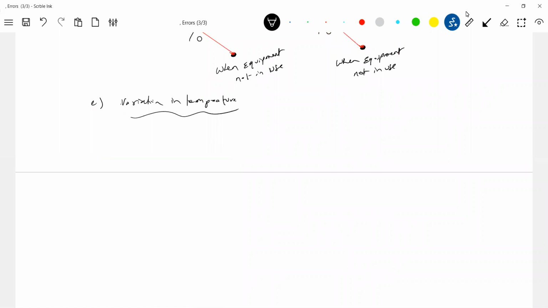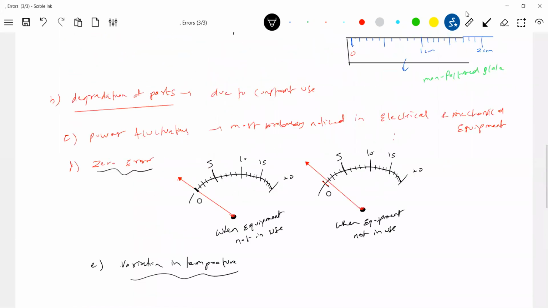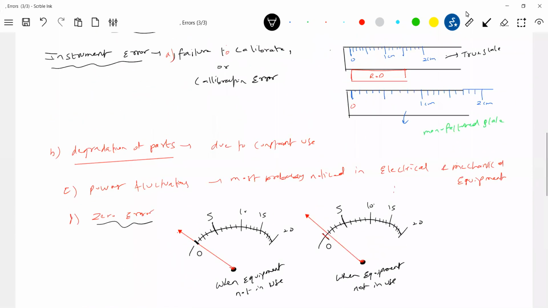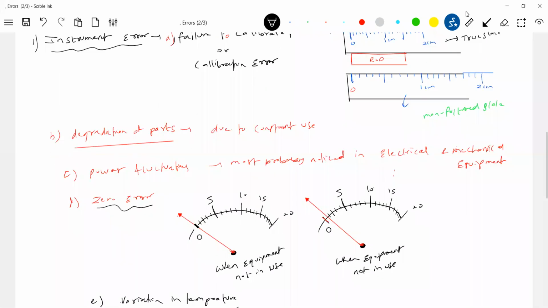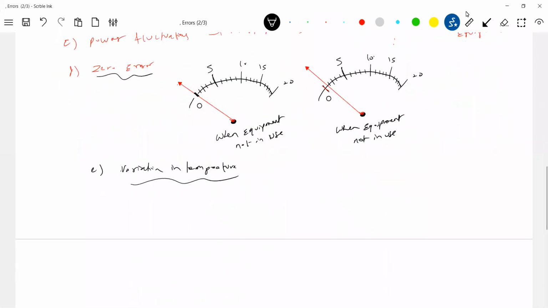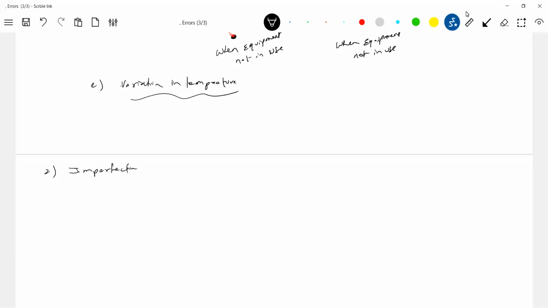Now next is imperfection. The first one we made was instrument error; these are all parts of systematic errors. The second one is imperfection in experimental techniques or procedure.